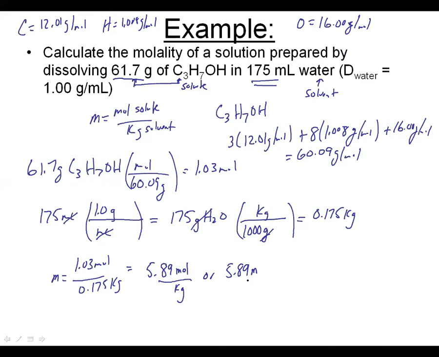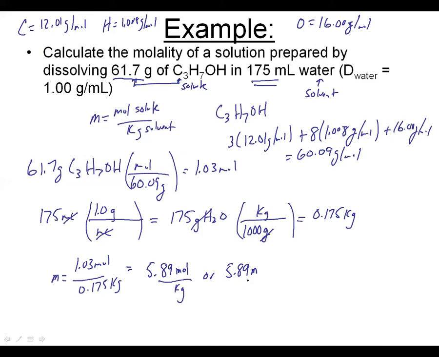So molality is a unit of concentration, not used as much per se as molarity, but there is one aspect where we do use molality a lot, and that is what is known as colligative properties, which we'll talk about in a later chapter. The use of molality comes out a lot in those types of calculations.